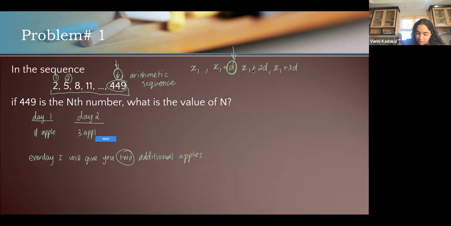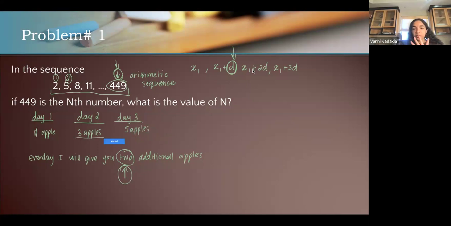You started off with 1 apple, and I gave you 2 additional apples. So then day 3, how many would you have? You'd have 5. I'm only giving you 2 additional apples per day, so that means you have to add 2 to your previous day.